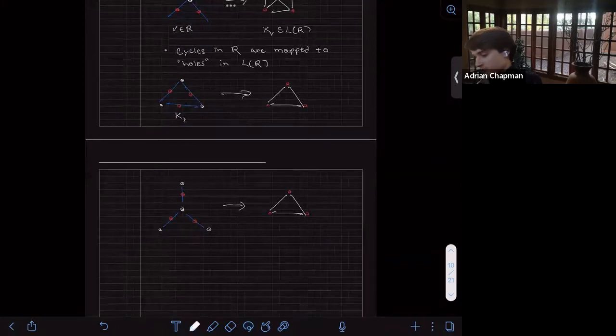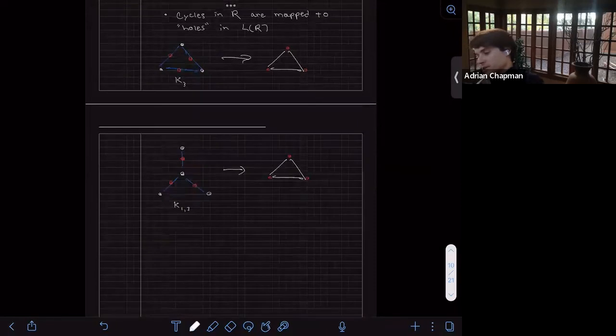And this is called K_{1,3}, or the claw. It turns out this is the only time this happens, the only time the root graph R is not unique if the graph you're given is a line graph.